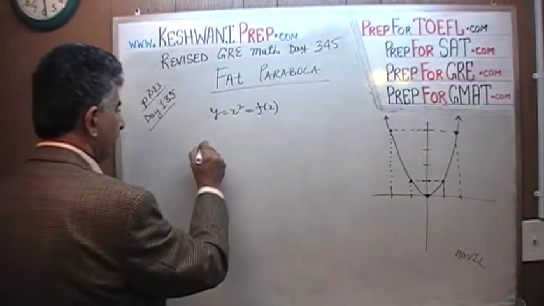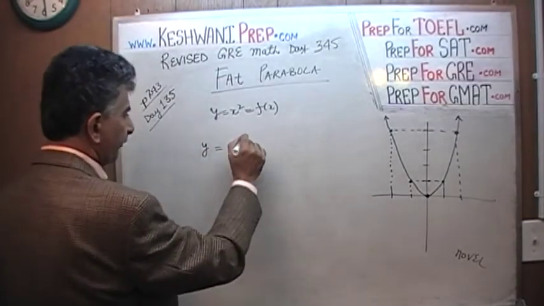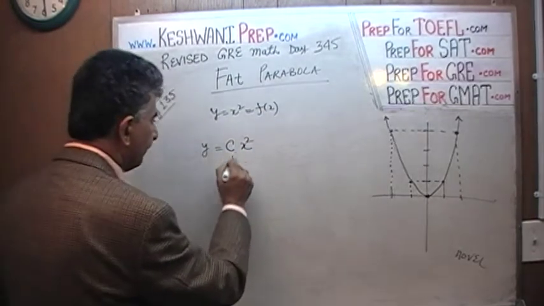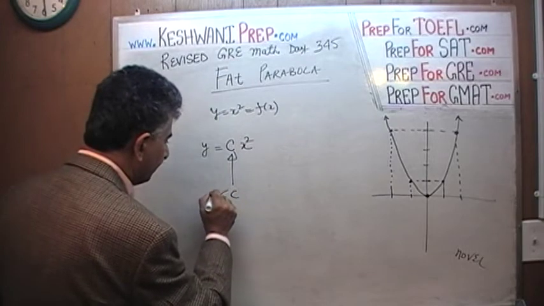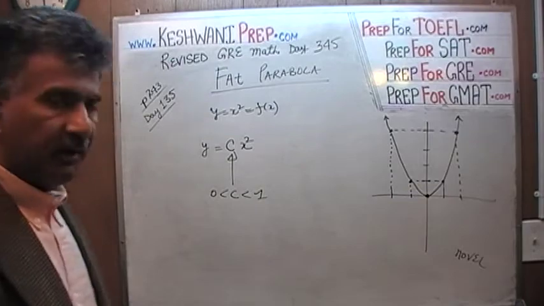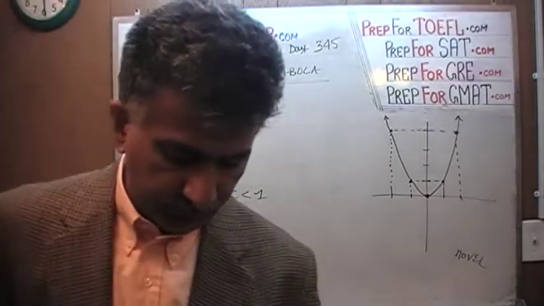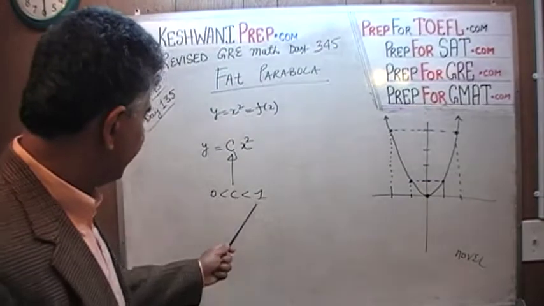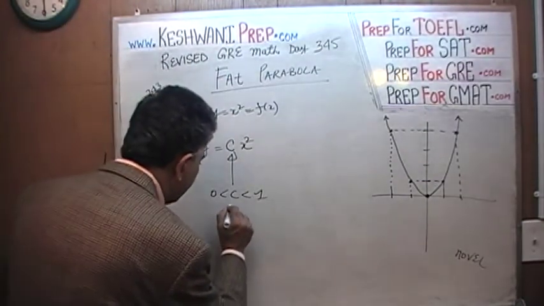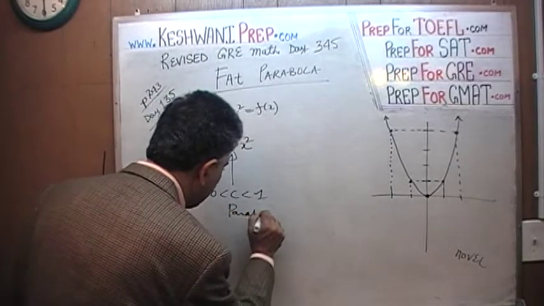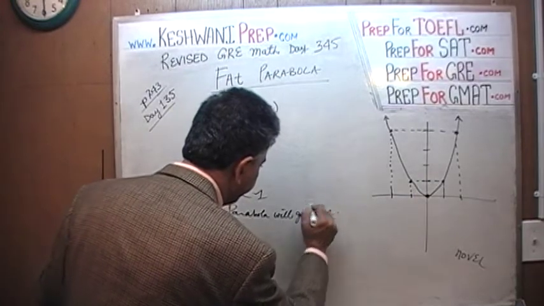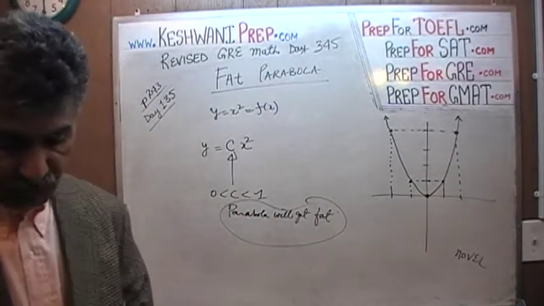What we're going to find is that if we take our original parabola, y is equal to x squared, and multiply it by some constant c, and if this turns out to be a fraction between 0 and 1, not a negative number, something less than 1, then the parabola will get fat, which is what it's talking about in the book.